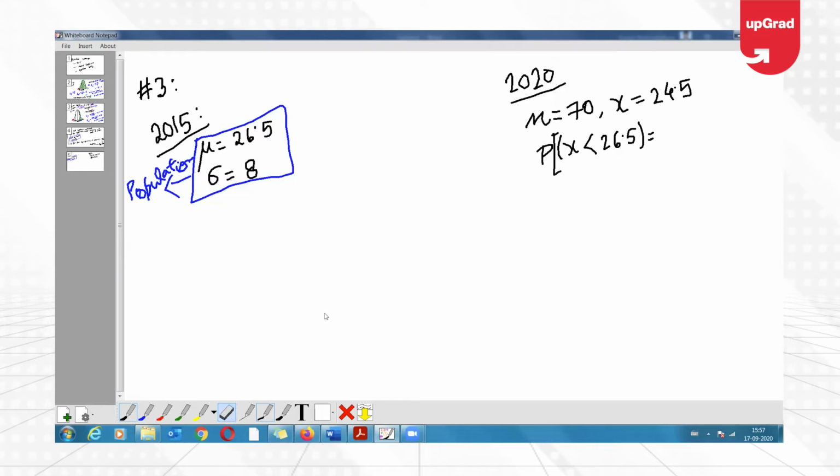Given, this vertical bar represents given, meaning when I am looking at another condition, which in this case is n is equal to 70 and x is equal to 24.5.